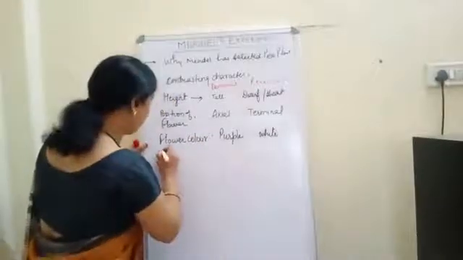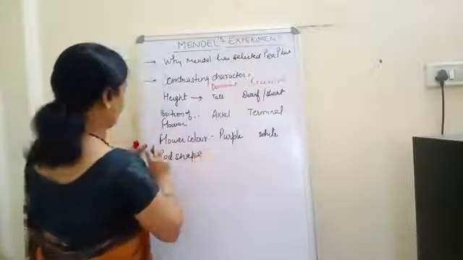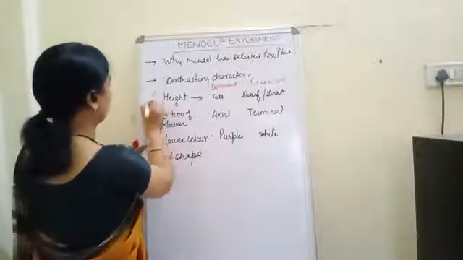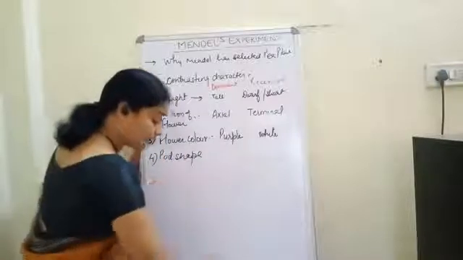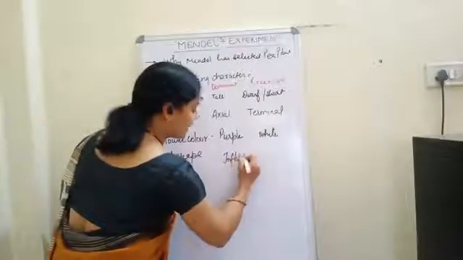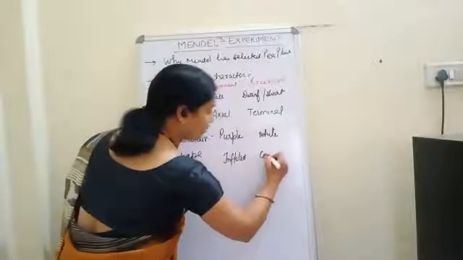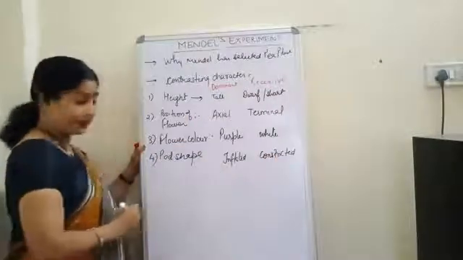After that, pod shape. One, 2, 3, 4. Okay. What was the pod shape? Either it was inflated or it was constricted. Clear?